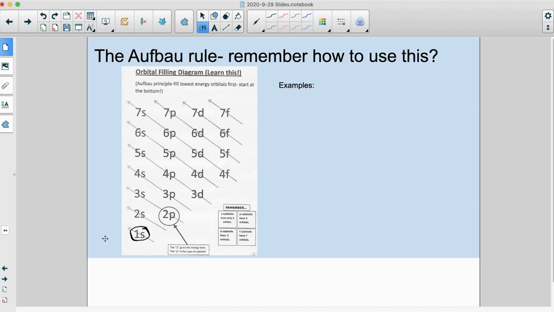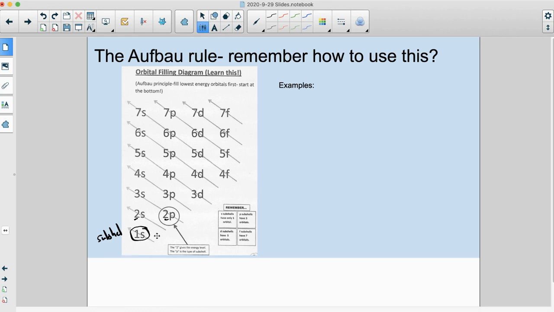So this is a subshell. This whole row, anything with the same energy level, is a shell. So the 1s is a shell. This 2s, 2p is a shell. Here's the 3rd shell, here's the 4th, and so forth. So those are the shells.